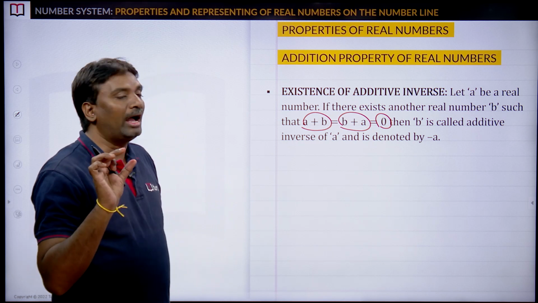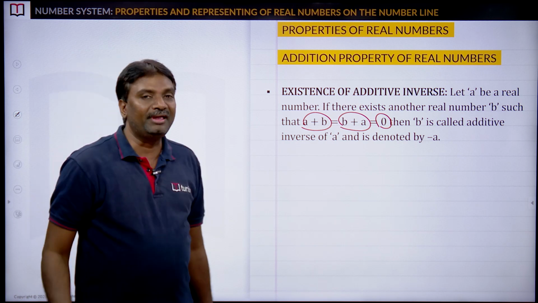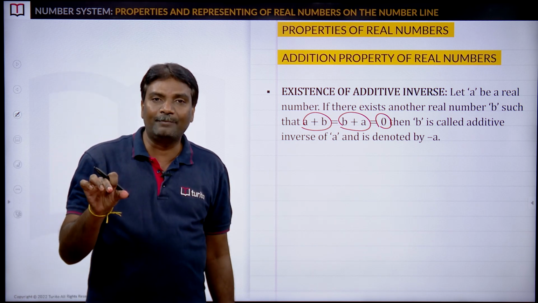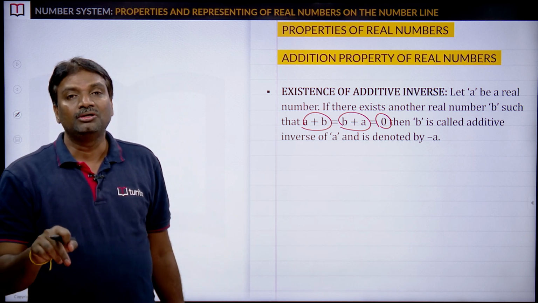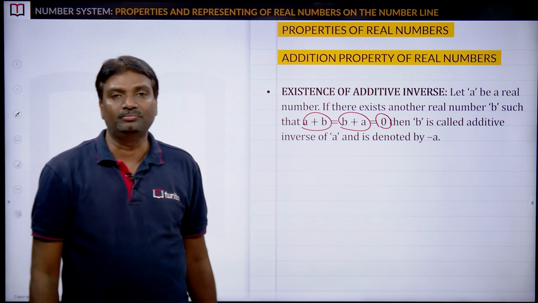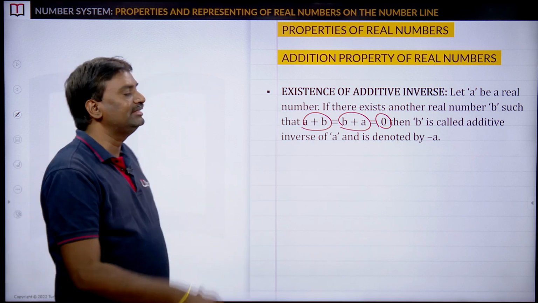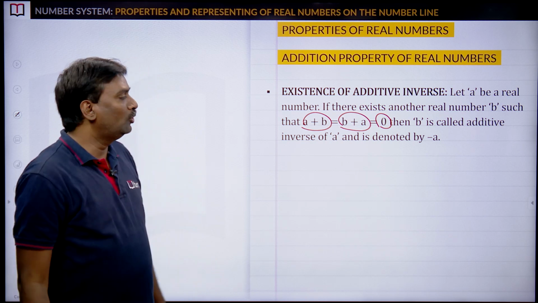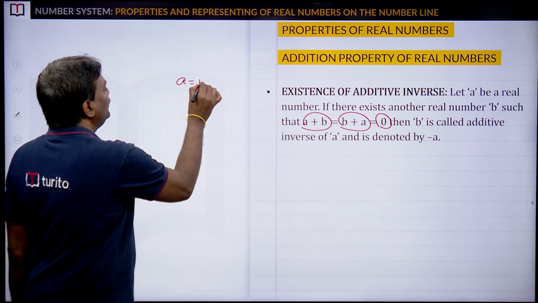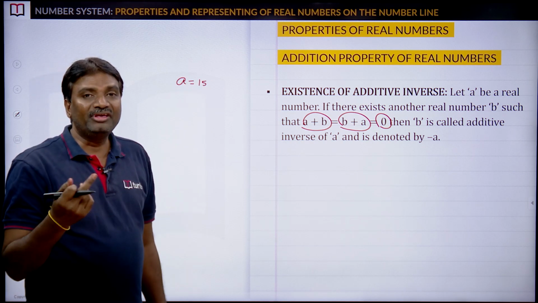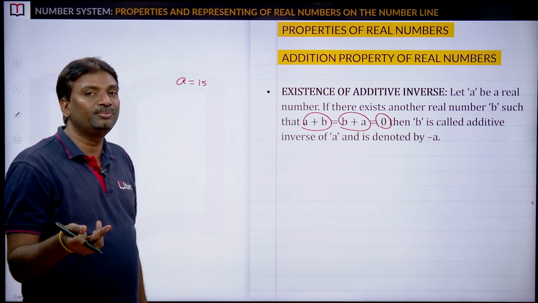So additive identity means 0, just we have discussed. Additive inverse means we have to add some number to the given number to get 0. Then the adding number is known as additive inverse. So here if you suppose that a equal to 15, we have to add some number to a to get 0. When is it possible?